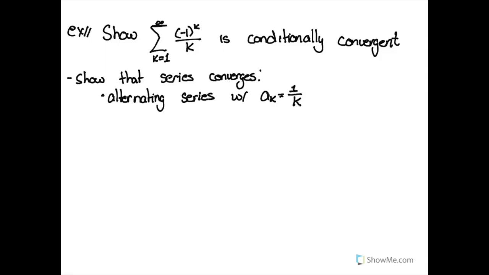And I actually did this example last time, so I won't get into too much detail again. ak is greater than 0, strictly decreasing, and has a limit going to 0.